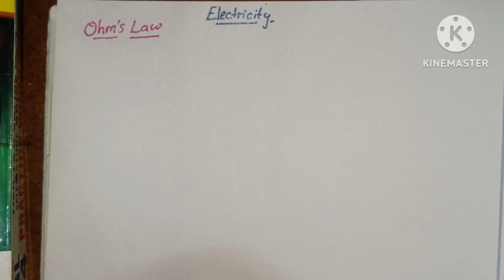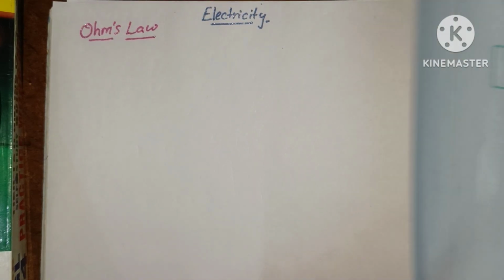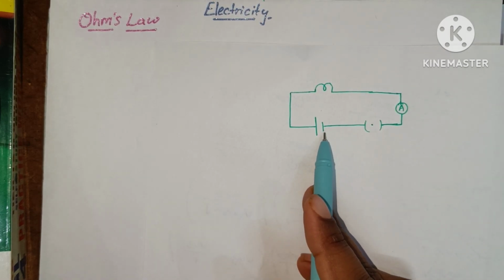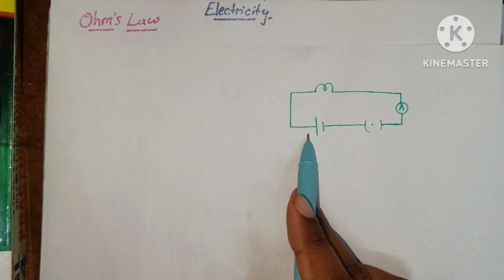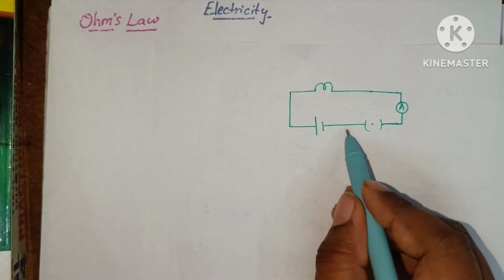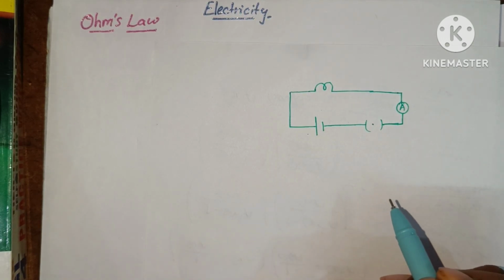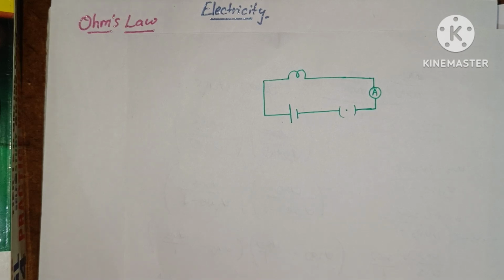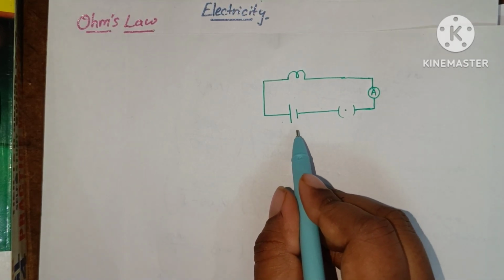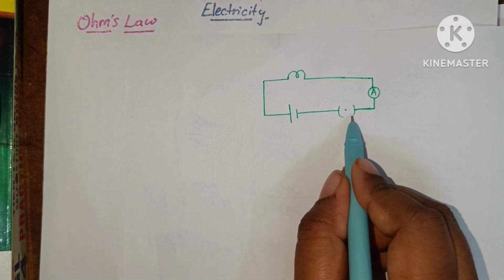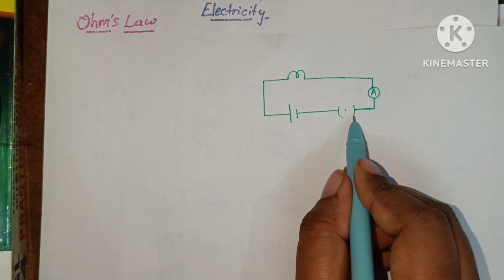Before going to talk about Ohm's law, in the last class I said that the current flows from the negative terminal to the positive terminal, right? That means the direction of current will be negative to positive. Then everyone will wonder that in your textbook it was given that the flow of current is opposite to the flow of electrons, right?